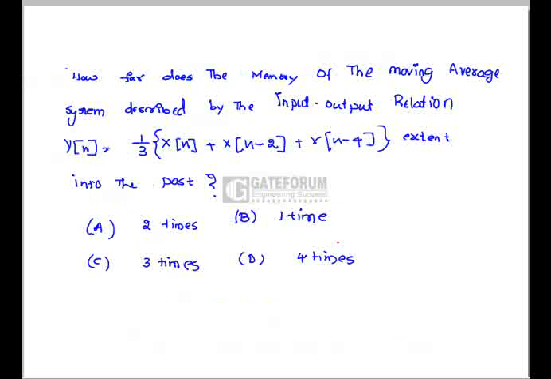How far does the memory of the moving average system described by the input-output relation y of n extend into the past? Suppose y of 0 equals 1 by 3 x of 0 plus 1 by 3 x of minus 2 plus 1 by 3 x of minus 4.